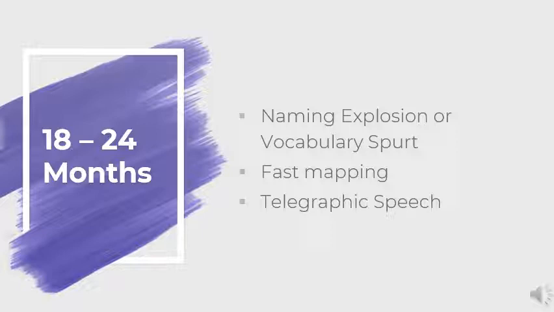Also during this time, like we saw earlier in that image of synaptic density from birth to age 2, this is a time in the toddler's life where their brain is forming many synaptic connections. Those connections are allowing the toddler to have an increased memory capability and an ability to infer word meaning. So they're able to understand what a word means and remember a word after hearing it only one time. This is referred to as fast mapping.